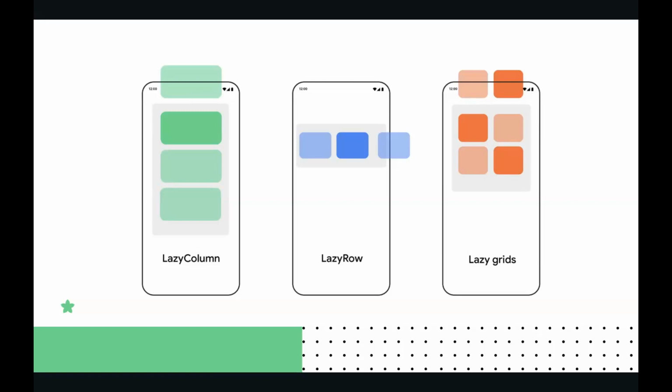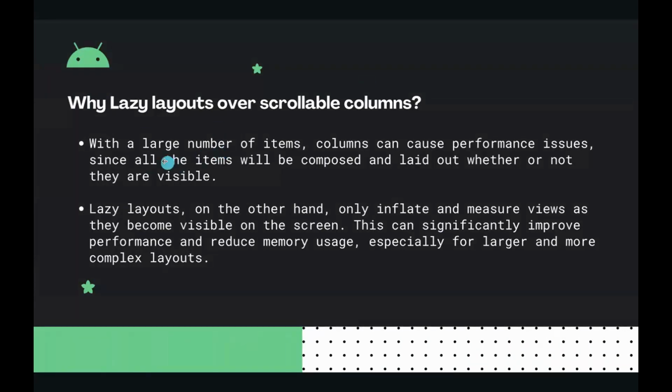But for a lazy column, if you're scrolling, the composable will be composed as it comes to the view of the user. So that's what we get to see here. With a large number of items, a column can cause performance issues because of how it composes those elements, while a lazy layout inflates or measures the views as they become visible on the screen.